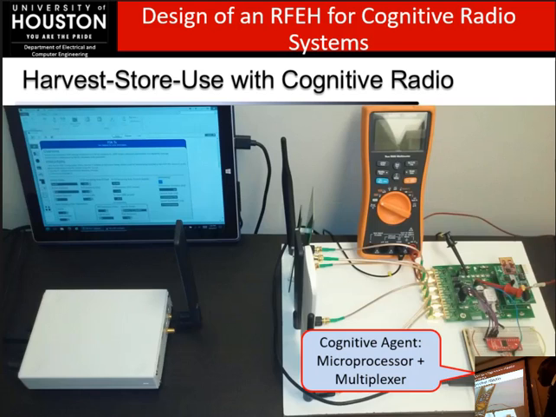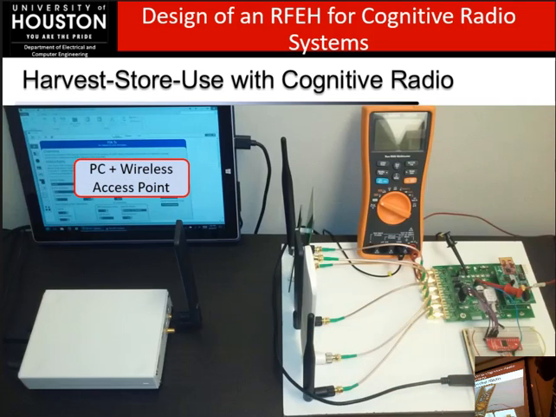The channel that has the highest energy can be used to supply power to the PowerCast board. Then whatever data we are able to send from this sensor board can be received by the access point. And later, at the end of this presentation, I will show you a demonstration.